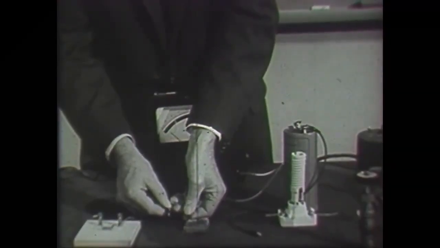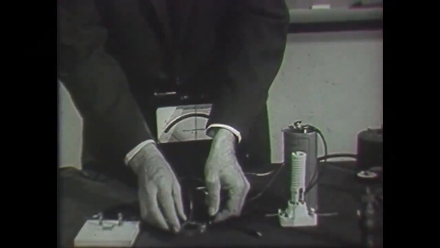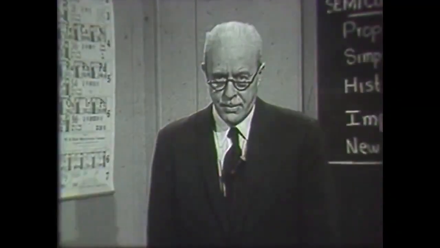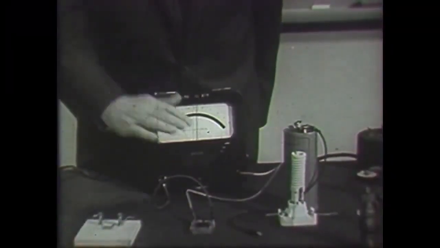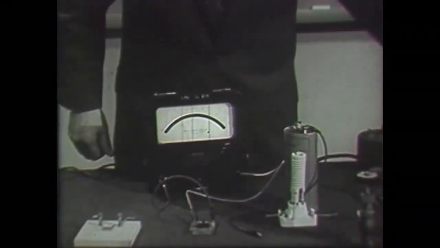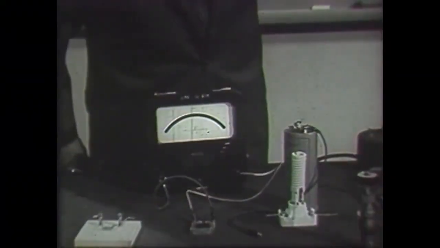I've connected it backwards, as you see, because this photo effect has a sign. But there's quite a bright light here, so you already see a reading on the meter. However, if I cover this up and put it in dark, you see the needle goes to 0. And if I put this strong light on it, I get a much larger signal, even off scale on this meter. This is the so-called photo EMF.